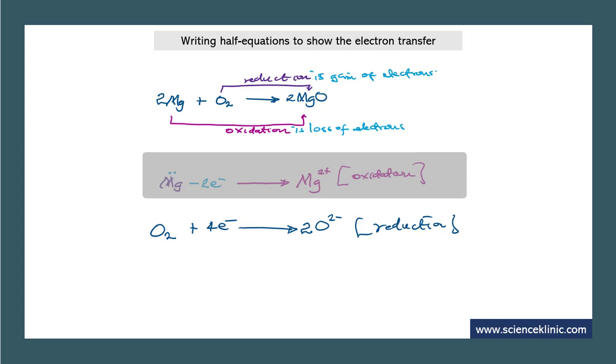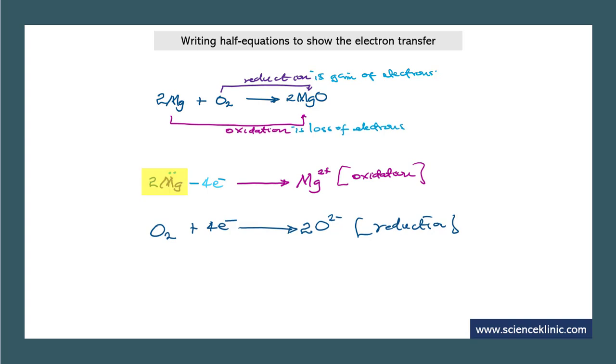So if you multiply everything by 2, this will be 2 Mg, and this will change from 2 electrons to 4 electrons. So I will change this to minus 4 electrons. That is, 1 atom of magnesium loses 2 electrons, and 2 atoms of magnesium will lose 4 electrons.